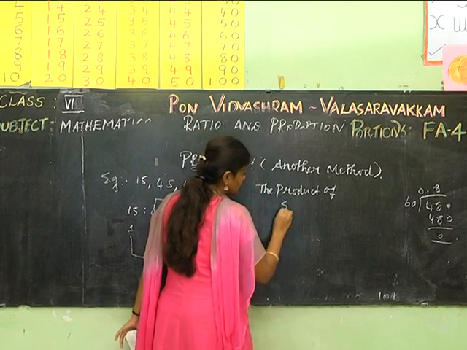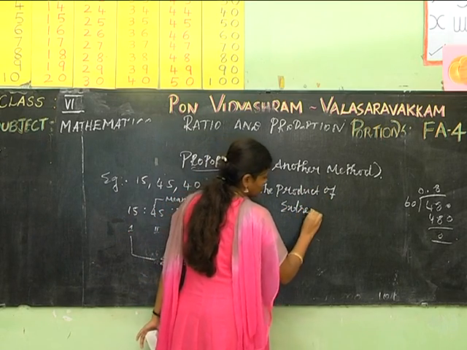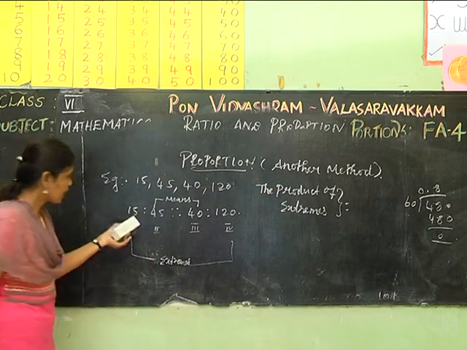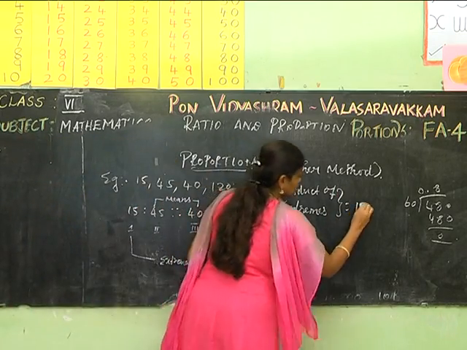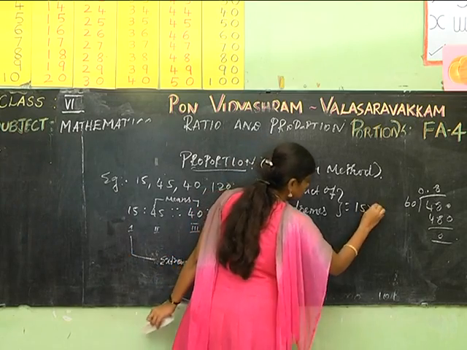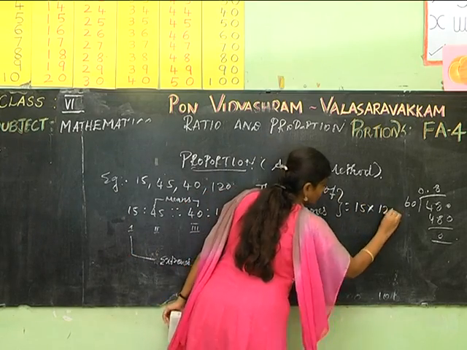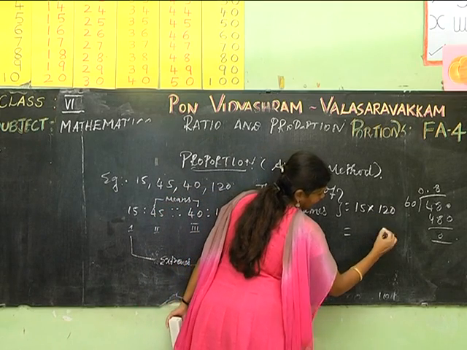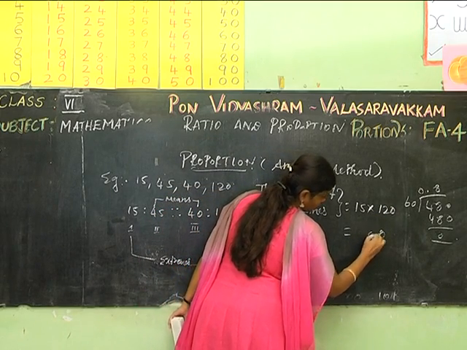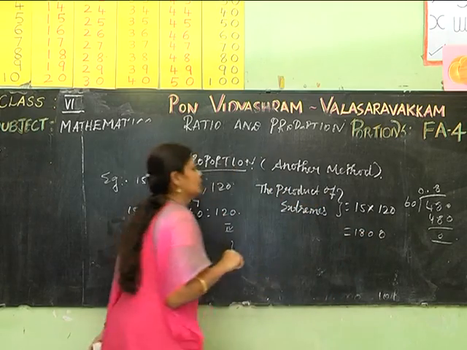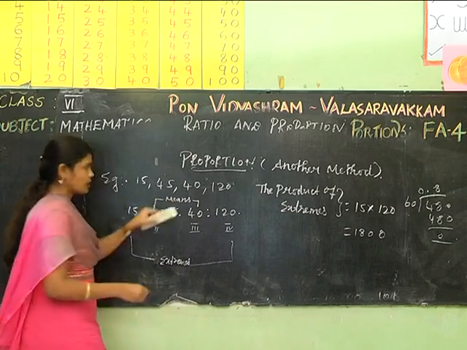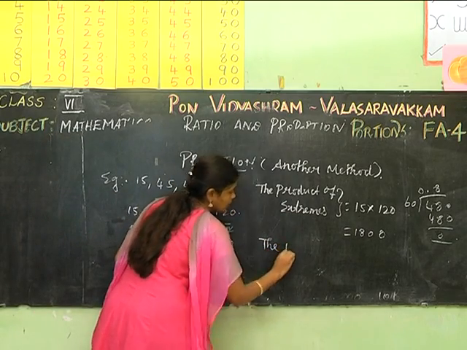Now, the product of extremes is equal to, what is your product of extremes? 15 into 120. So your value is 1800. Now the product of means.